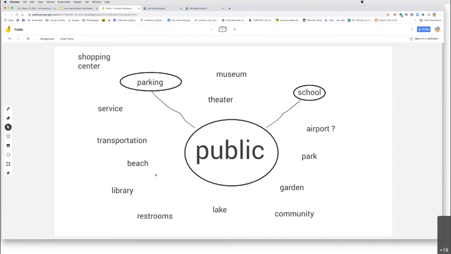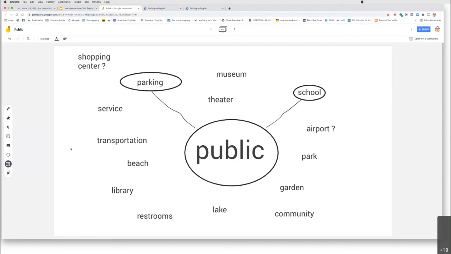Sergey mentioned dining room, okay, public laundry, public lake, community garden, public park, okay, public theater, museum. I did put a question mark next to airport, and I might put a question mark next to shopping center, only because I don't know if we think of them the same way. So I'm just going to put question marks. Okay, Sergey mentioned housing too. That's a good one.